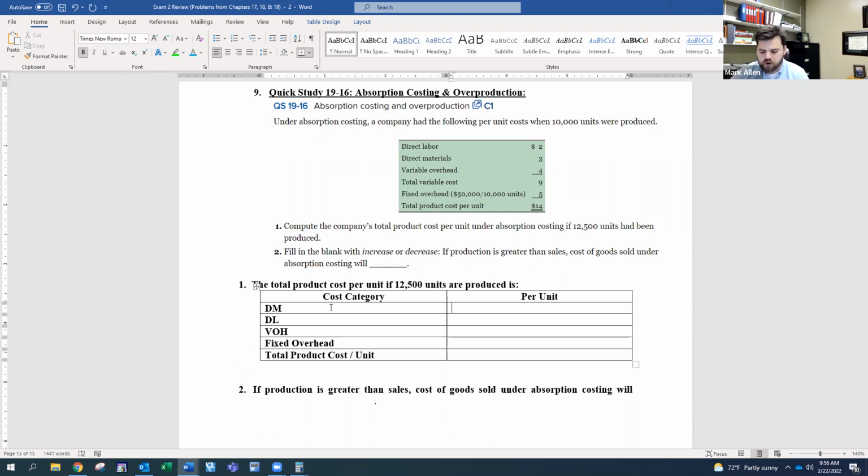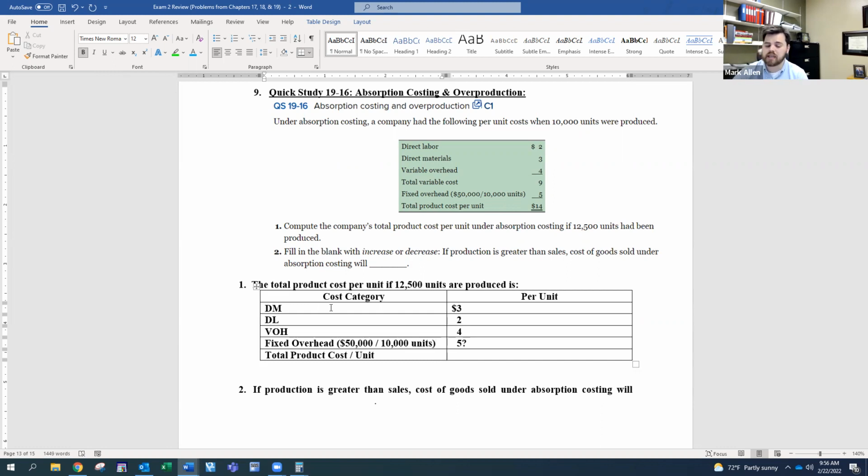So here we go. Our direct materials, still $3. Our direct labor, still $2. Our variable overhead, still $4. None of that changed. But our fixed overhead, is it still $5? So it was 5 before. Is it still 5? Well, let's think. Before, we were spreading that $50,000 in fixed overhead out over 10,000 units.